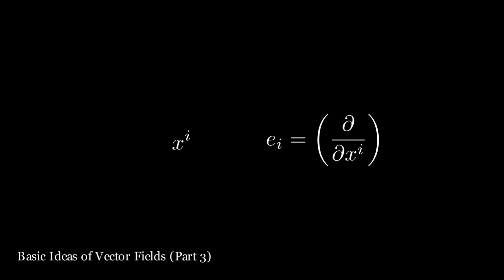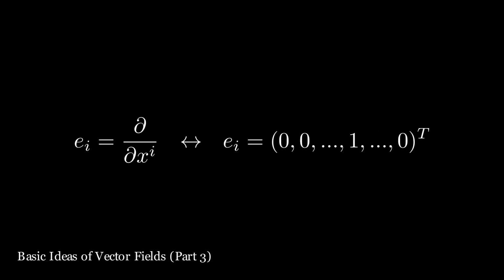Just to say this in advance, the reason for using different index positions is that they transform differently under coordinate changes. Superscript indices represent contravariant components, while subscript indices represent covariant components.